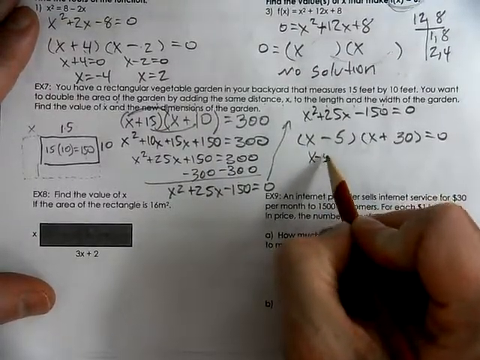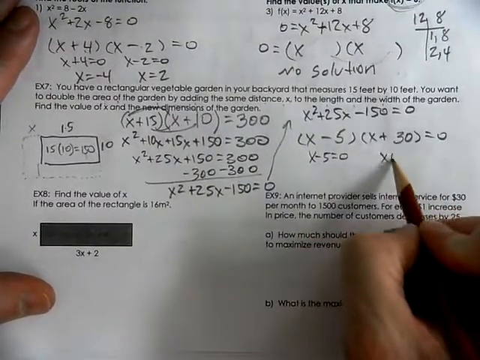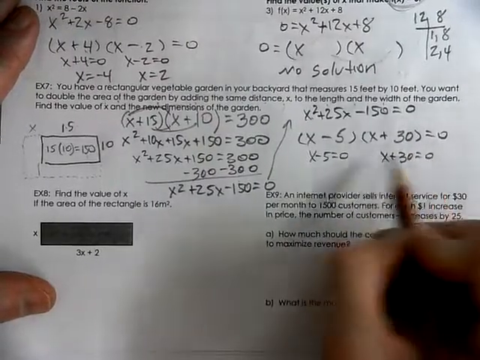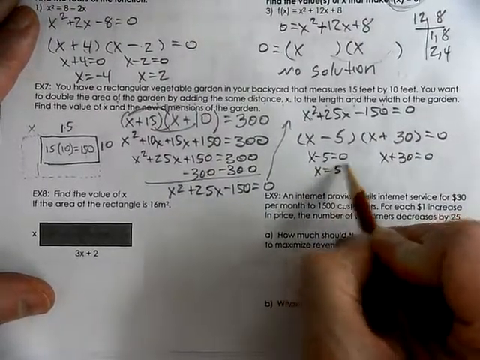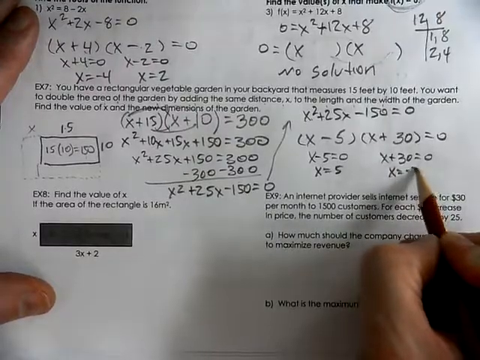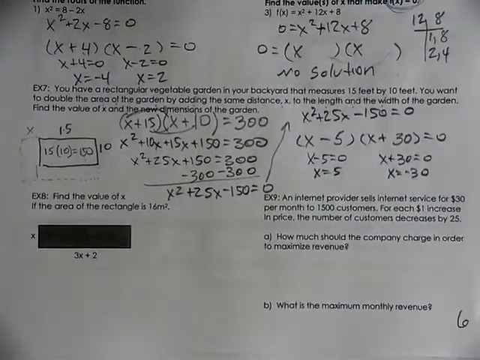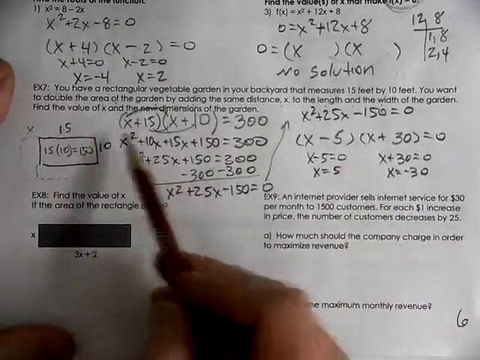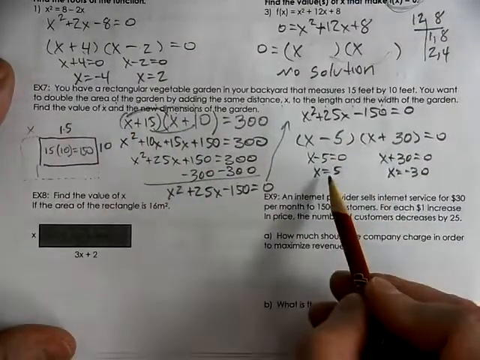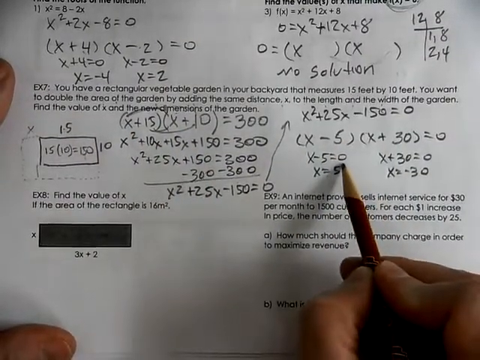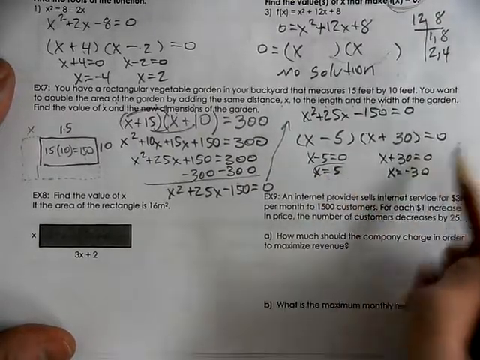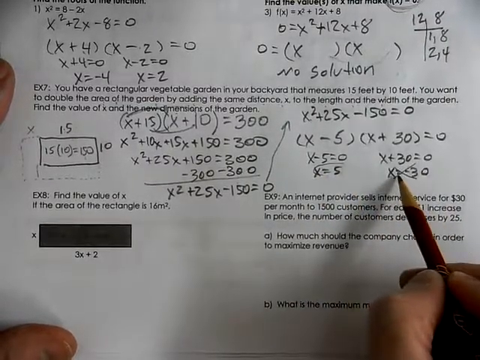Now we can use the zero product property. So we add 5 across, we subtract the 30 across. So to find my final dimensions, we're going to take the 5. We're not going to take negative 30.